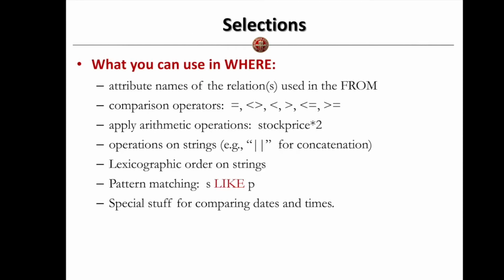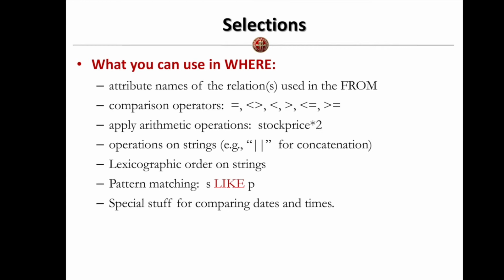Generally, when we write this where clause for the selections, we can use all the attributes, or the names of the attributes, appearing in the relations used in the from clause. And we can use many different comparison operators like equals, not equals, less than, greater than. We can also use some operations to change the values, like times some values, like times 2, as well.